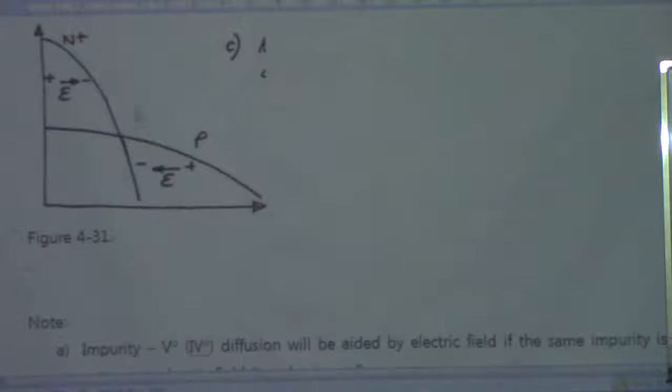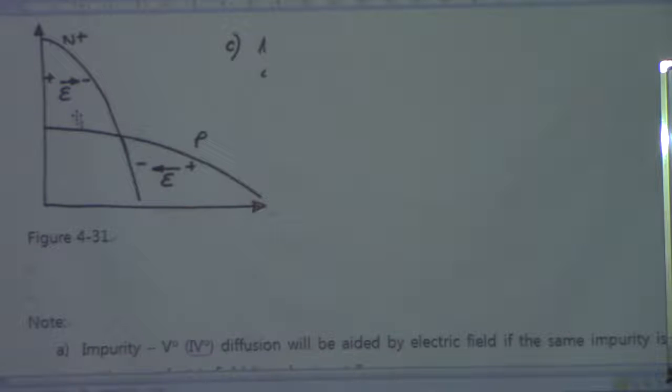And if you have this kind of situation, once you have a base diffusion, and then on top of it you want to make an emitter so that you diffuse the M plus, we can set up the electric field, plus minus, and here minus plus, because of this concentration gradient.